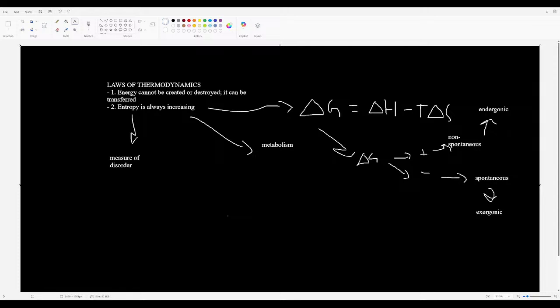So, what does that mean for us? Within metabolism, we have two types of metabolism. We have anabolism and we have catabolism.